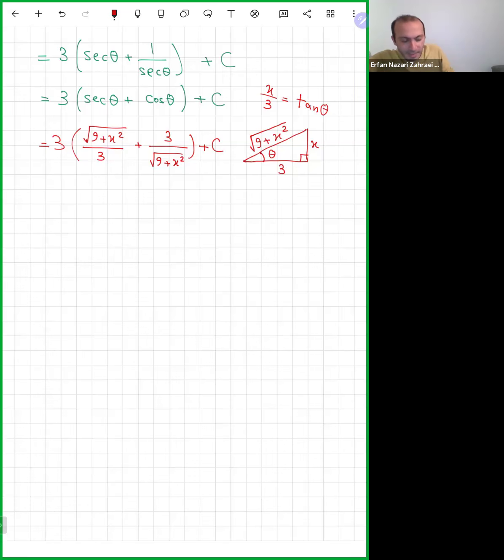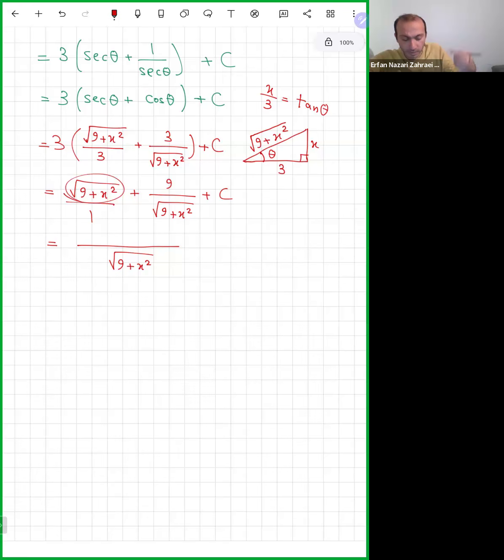I can simplify it a little bit by expanding the 3. This 3 and 3 cancel. You get root 9 plus x squared plus 3 times 3. Now it becomes 9 over root 9 plus x squared. Then by combining these into one fraction, taking the common denominator, this one has no denominator, it's 1. So I need to multiply and divide by root 9 plus x squared.